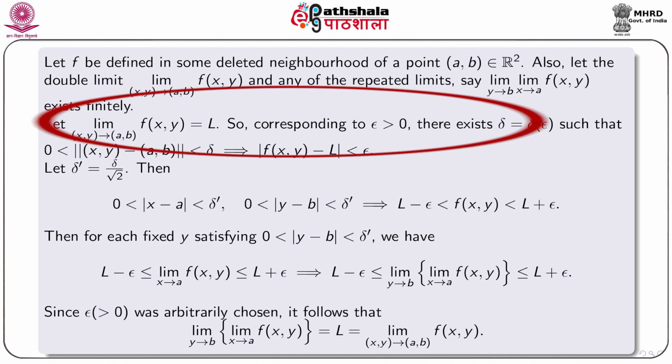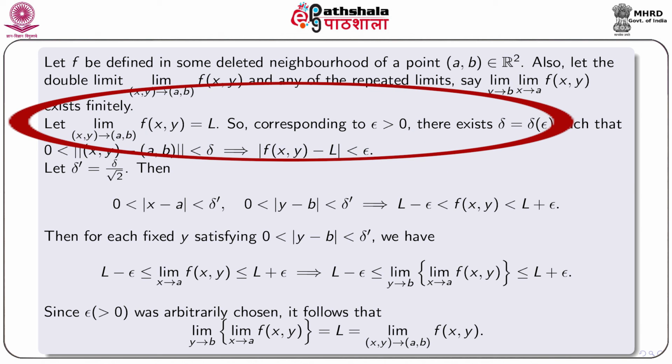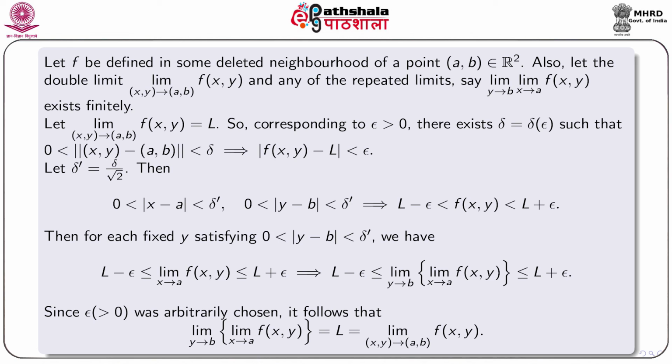Now, let the limit of f(x, y) as (x, y) approaches (a, b) be L. From the definition of limit, corresponding to any epsilon, we can find a delta such that whenever the distance between the points (x, y) and (a, b) is less than delta, the difference between f(x, y) and L is less than epsilon.